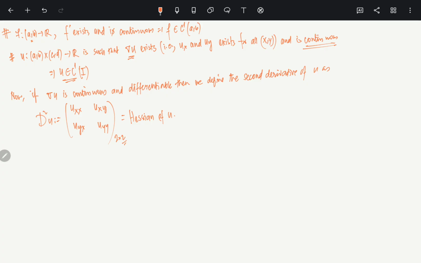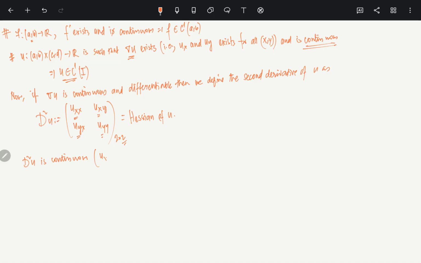Is it okay? In this case the first order derivative is just the vector ux and uy, but in the second order case we define the derivative d2u as the matrix of uxx, uxy, uyx and uyy. Now this is a new function d2u, and let's say this is continuous. What do I mean by continuity of this?